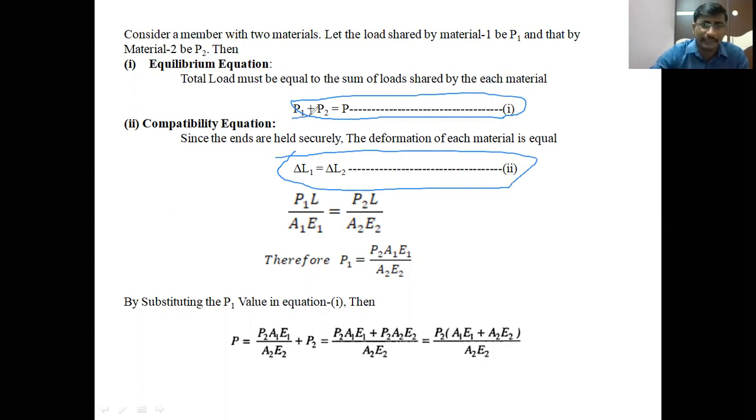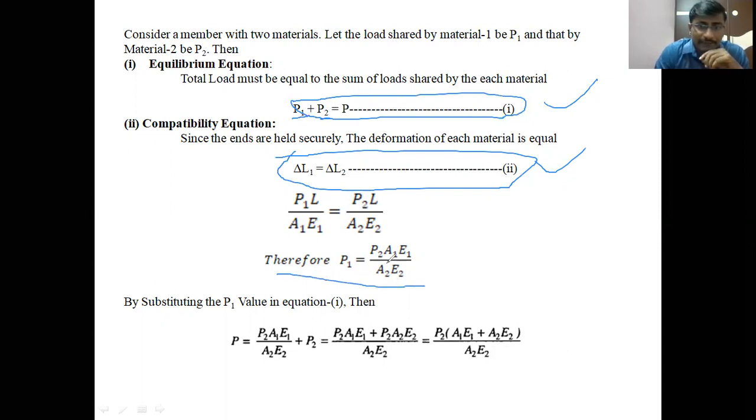Because there are two unknowns. The loads shared by each material, P1 and P2, are unknown. To find them, we require two equations to solve. So therefore, P1 equals P2 into A1 E1 by A2 E2.